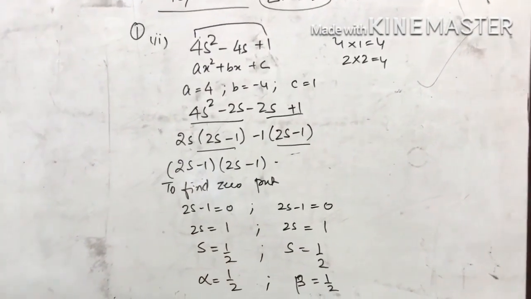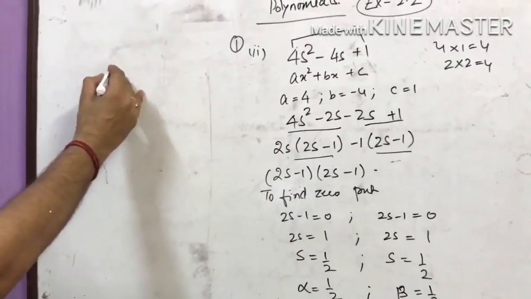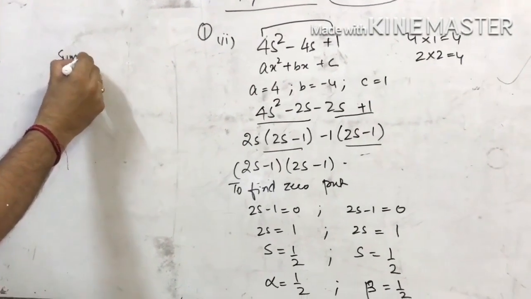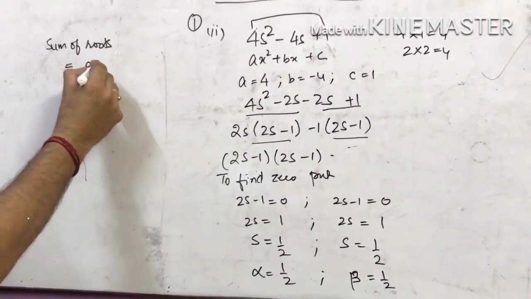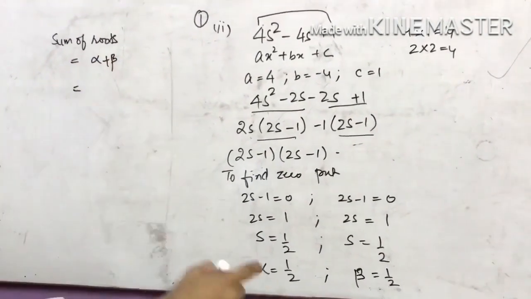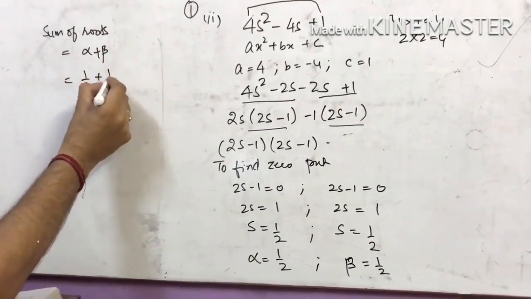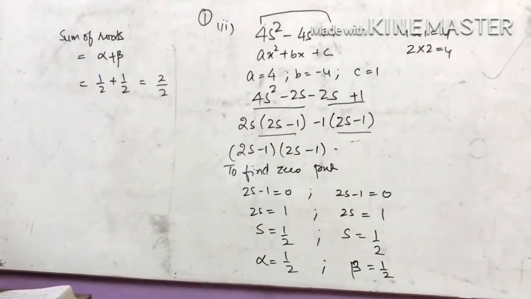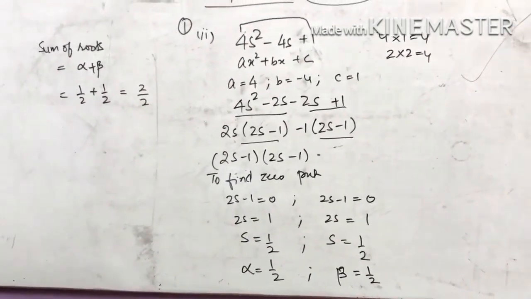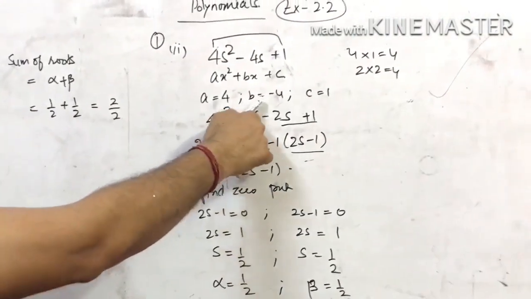Now you have to prove the relationship. So for relationship you have sum of roots. Sum of roots is alpha plus beta. So what is your alpha? What is your beta? So you are getting 2 by 2. But you are seeing that A is 4, B is minus 4.